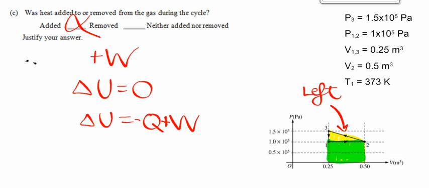Heat has to be removed in order to keep internal energy zero. But this is a nice handy tool if you don't like the first law explanation. Basically, if your triangle goes counterclockwise, that is going to be positive work. If your triangle goes clockwise, that's going to be negative work.